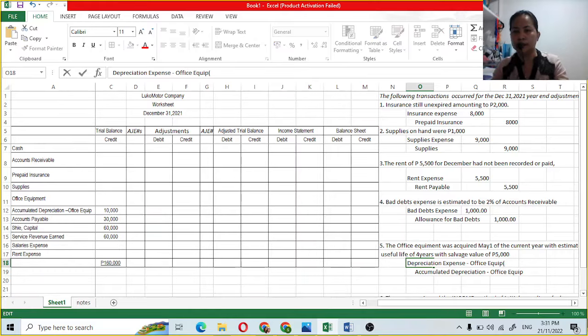So, dito yung computation, ha? 30,000 yung amount ng equipment, minus 5,000 salvage value. Okay, hindi ko ituloy-tuloy kasi ayaw niya. Next, 25,000 divided by 4 years, times May, June, July, August, September, October, November, December, times 8 over 12.